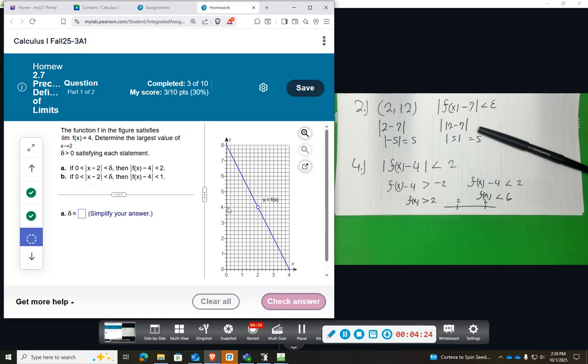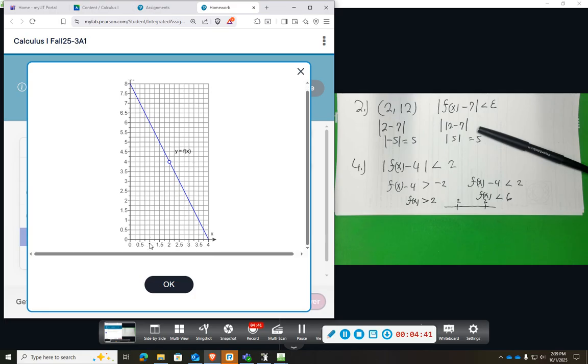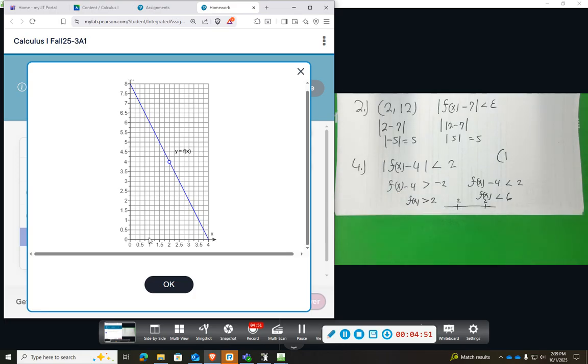So you start at 4, you go up to 6, and look at where that intersects the graph. Okay, so start at 4, go up to 6, that intersects the graph here. We're going to drop that straight down and see where that intersects the x-axis. Intersects at 1. So on one end, we are looking for interval 1 up to 2.